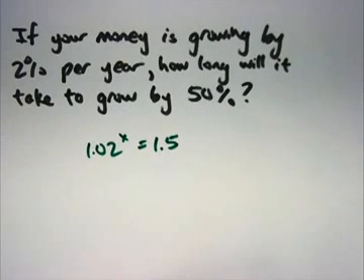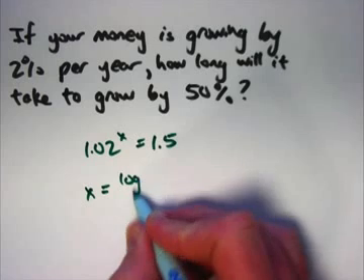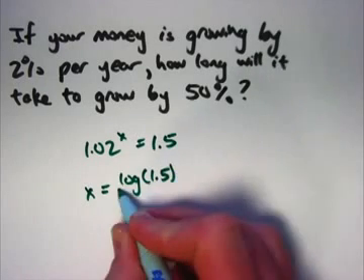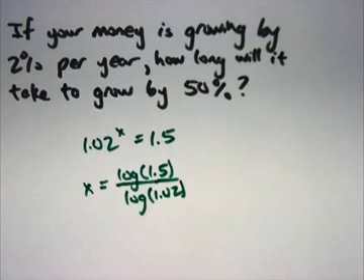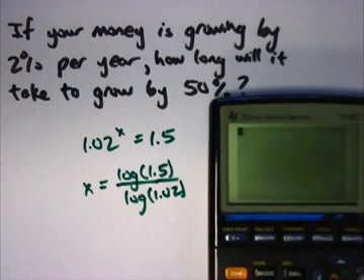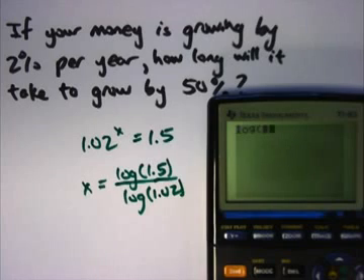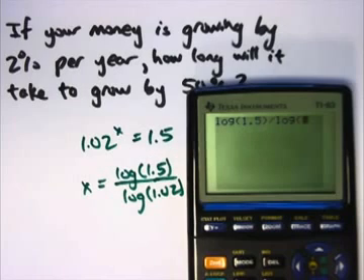So we need to solve this equation based on the logarithm trick I've shown you here. The answer would be log of 1.5 divided by log of 1.02. We'll do that on the calculator together, and that'll be the last part of this video. Log of 1.5, parentheses here as I'm using them are absolutely necessary, divided by log of 1.02.